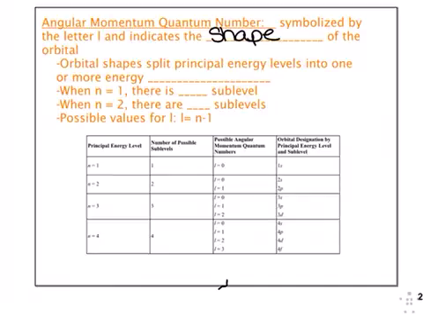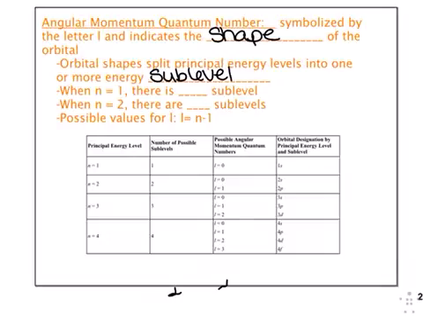So there are different shapes that these orbitals can have. An orbital shape splits principal energy levels into one or more energy sublevels. So where the principal energy level or quantum number n is broad, this angular momentum number is slightly more specific.